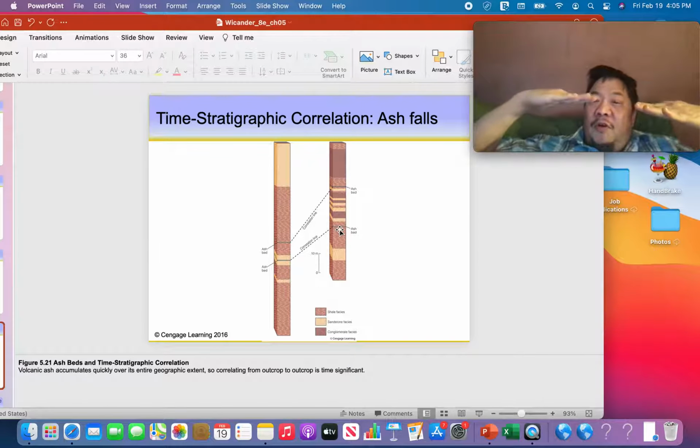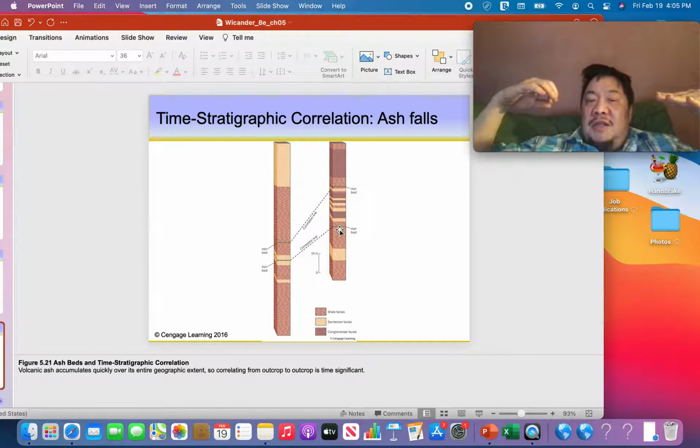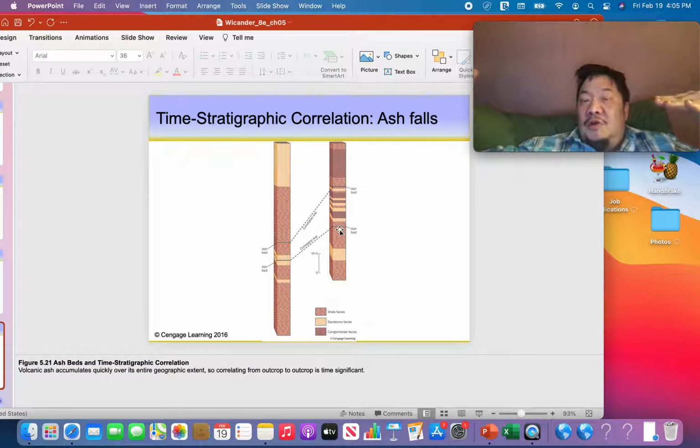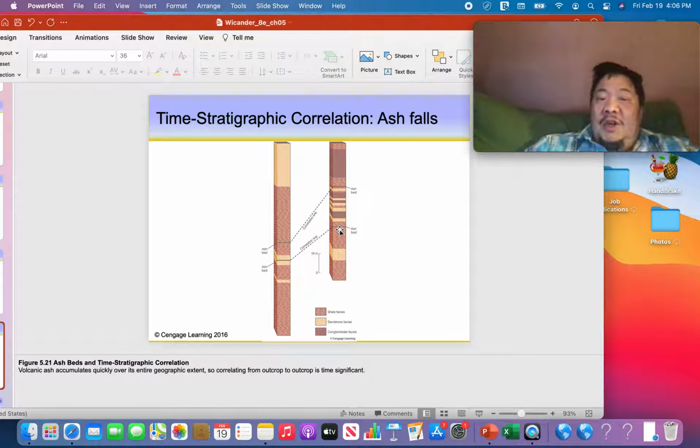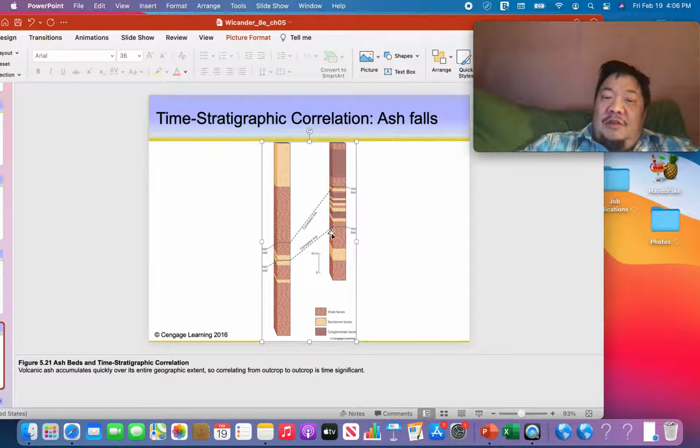If you find volcanic ash in the soil in Washington, you know that ash was deposited in 1980. If you find that also in Minnesota, then that ash there was also formed in 1980. Then you can correlate between Minnesota and Washington. So ash beds are another time marker we can use to correlate sedimentary rocks at two different locations.